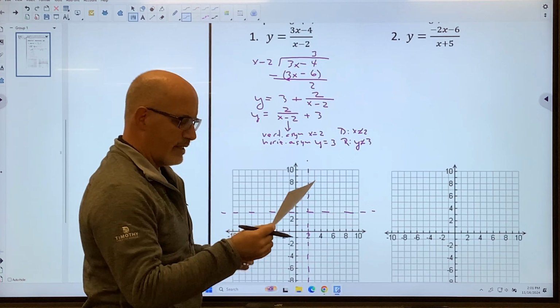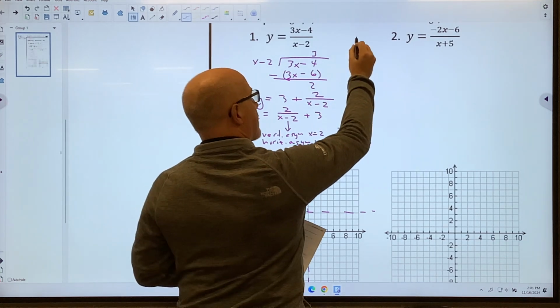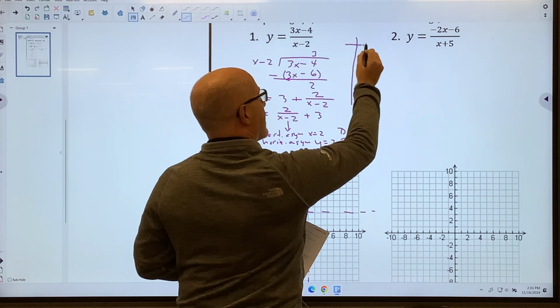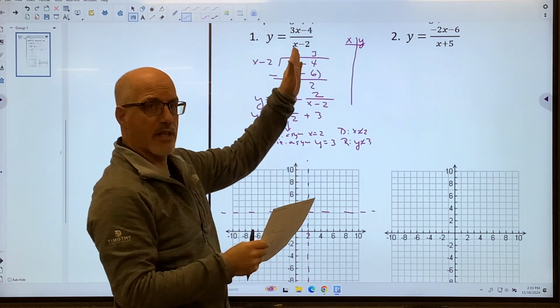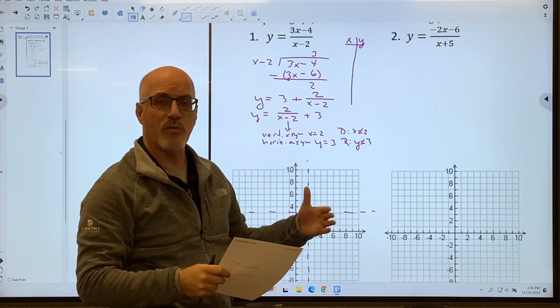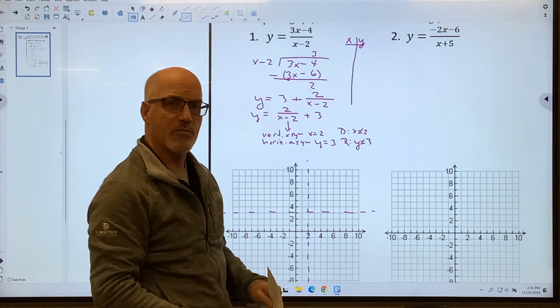Now we also want to state the end behavior, but let's go ahead and graph it first. So I'm going to make a chart from the table. If you put this on your graphing calculator, come up with some values that will help you get the shape of it related to these asymptotes.